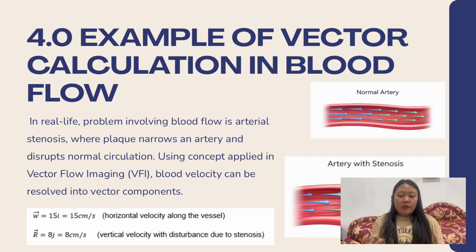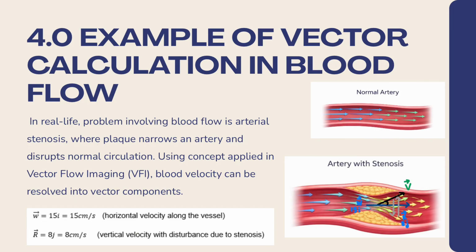So we can consider that W is our horizontal velocity along the vessel, so it is 15i, equal to 15 cm per second, and R is the vertical velocity, equal to 8j, equal to 8 cm per second, with disturbance due to stenosis. We can see it on the picture also.